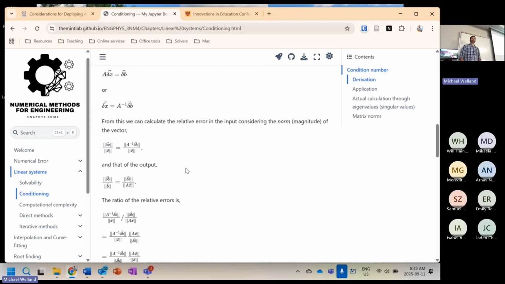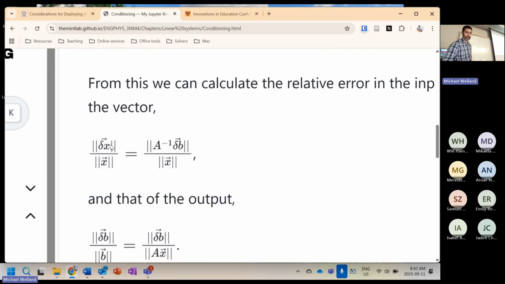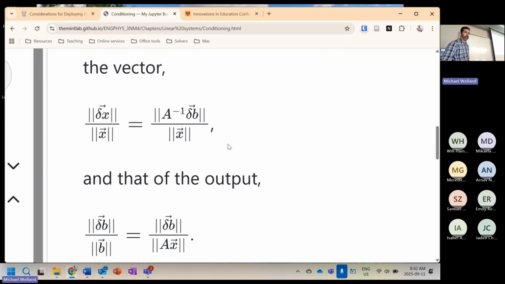Let's calculate the relative error in the input, considering the norm of the resulting vector. Okay. So we're going to take, can you guys see this or is this too small? I'm just going to zoom in. Relative error, we talked about already. It is just the uncertainty, the magnitude of the uncertainty, right? Divided by the actual value. So you've got magnitude of delta x over x.